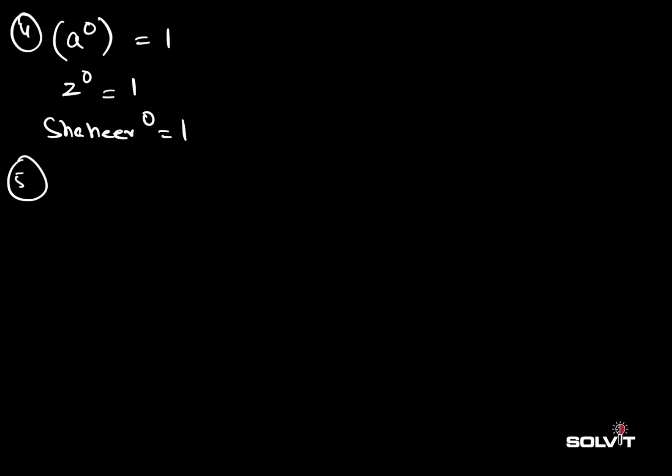Now, if it's a to the power of 1, then this is also equal to 1. The base could be anything for this one as well. If it's x to the power of 1, then this is also equal to 1. Alright, now let's move on to the next rule.